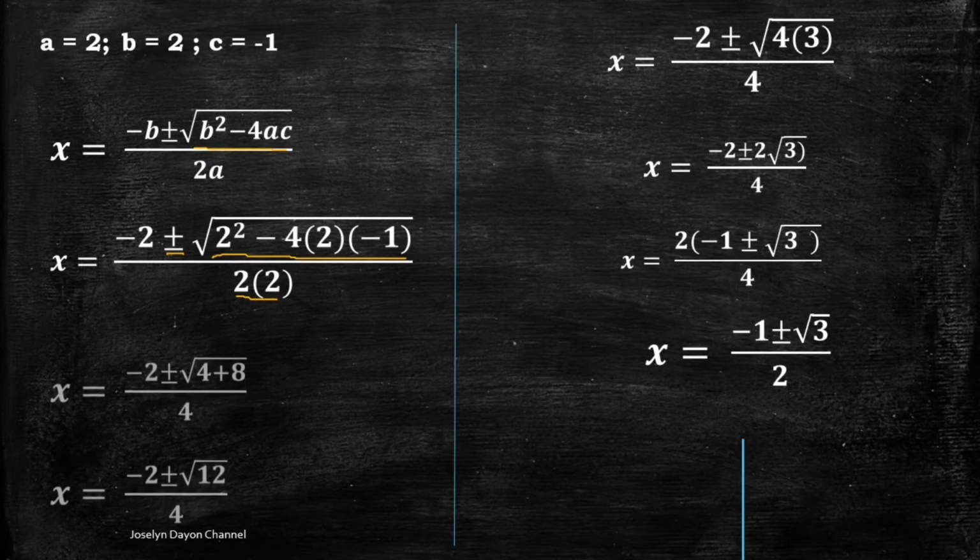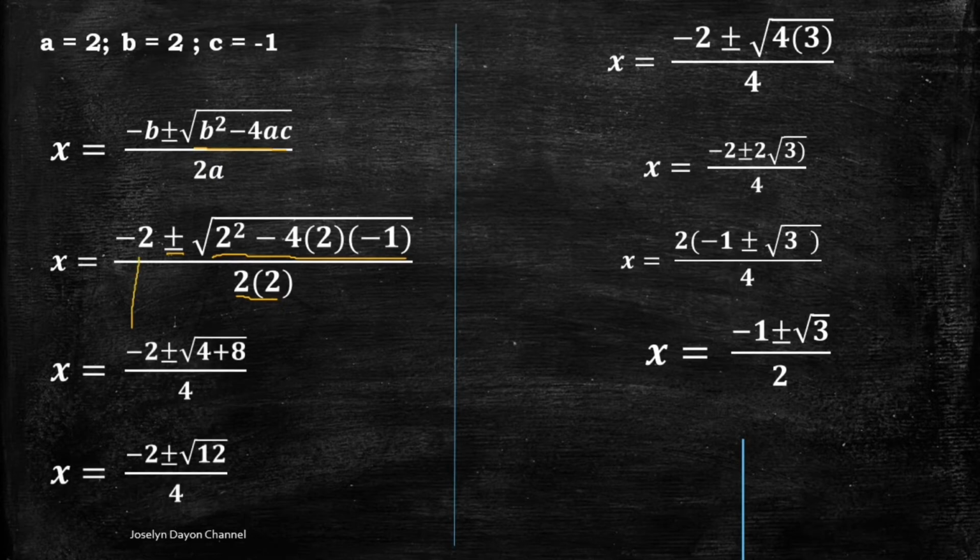Simplify further. Copy negative 2 plus minus square root of 2 squared, that is equal to 4, and negative 4 times 2 is negative 8 times negative 1, that is equal to positive 8. 2 times 2, that is equal to 4.